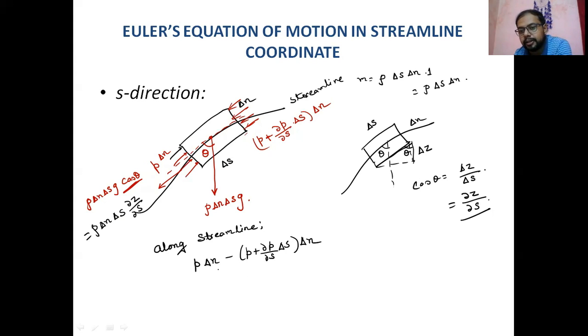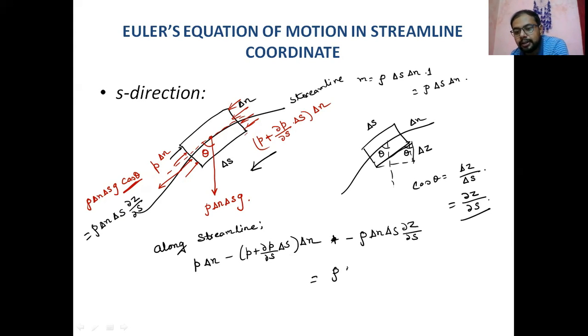That is the surface force, plus the body force. The body force is also negative, because it is in the direction opposite to the streamline direction, so it comes in a negative way: rho del N del S g dz by ds. This surface force plus body force is equal to the motion.